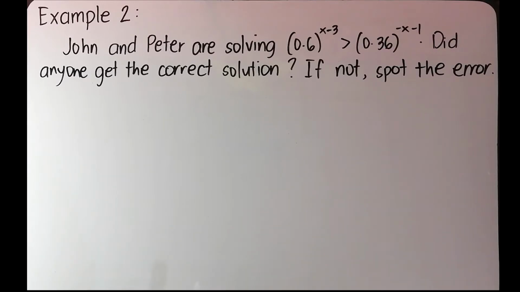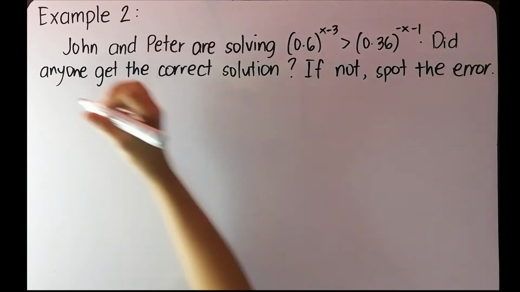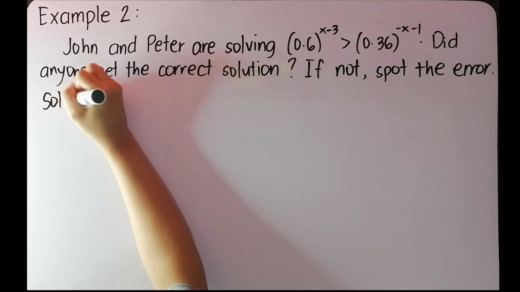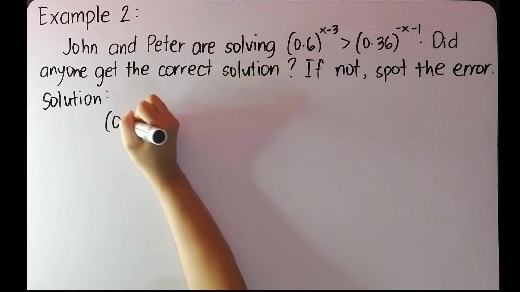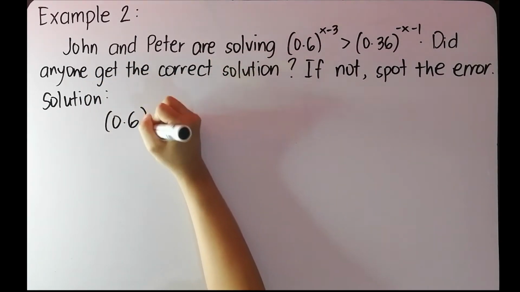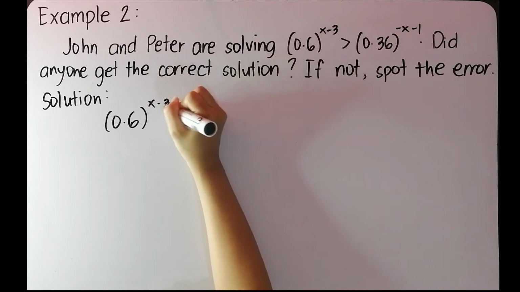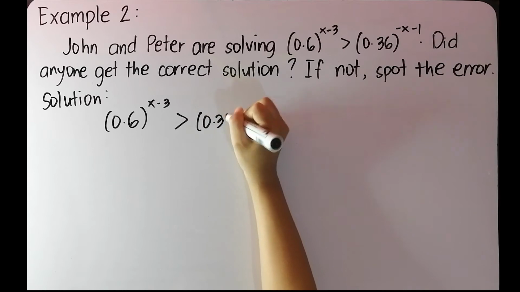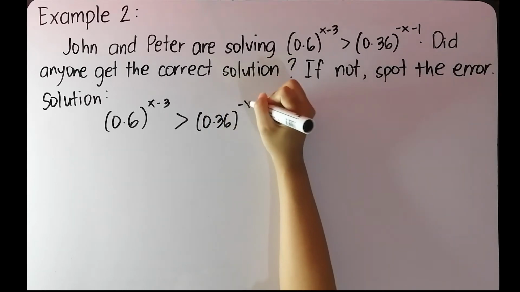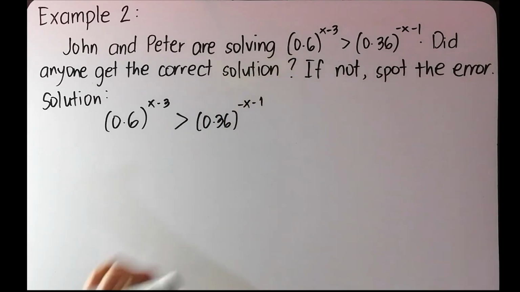Let's solve this exponential inequality. We have 0.6^(x-3) greater than 0.36^(-x-1).